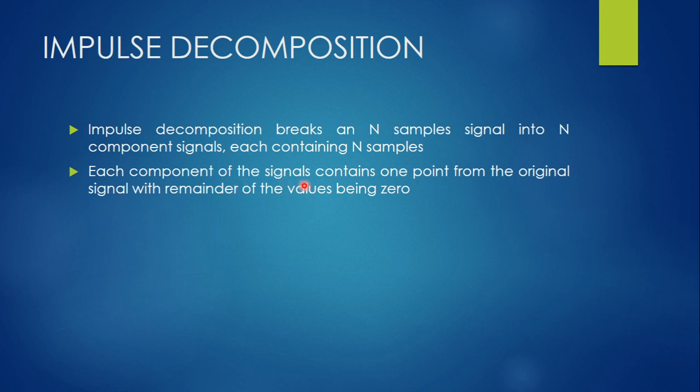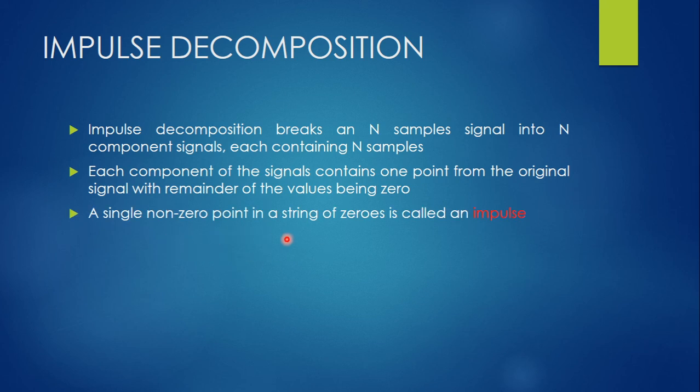Each component of the signal contains one point from the original signal, with the remainder of the values being 0. One component will have one sample, another component will have another sample, the third component will have the third sample, the fourth will have the fourth sample. We will see the example. A single non-zero point in a string of zeros is called an impulse, as we have discussed.